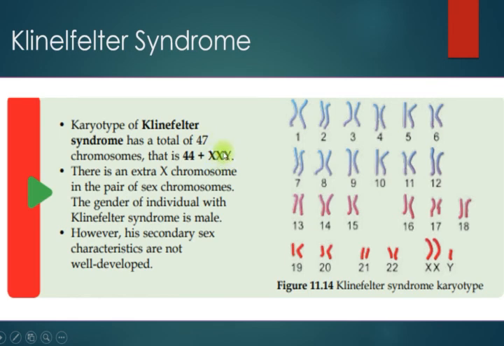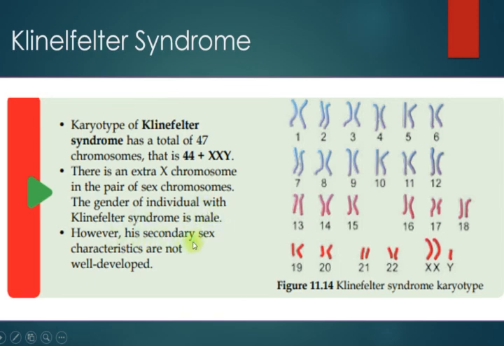This person has an extra X. So there is an extra X chromosome in the pair of sex chromosomes. The gender of an individual with Klinefelter syndrome is male, or the sex of the person is male.